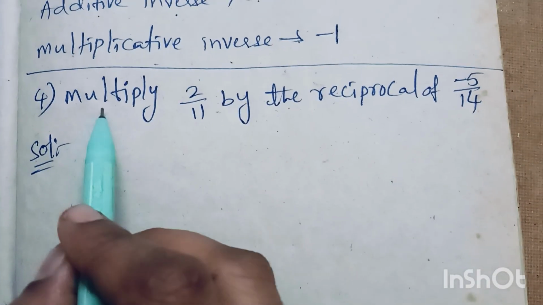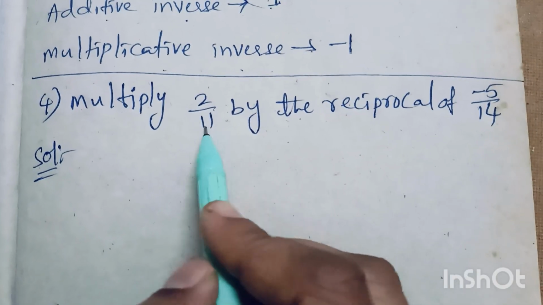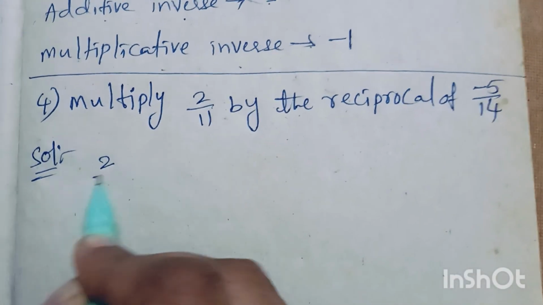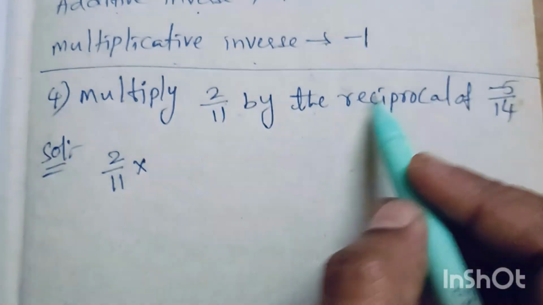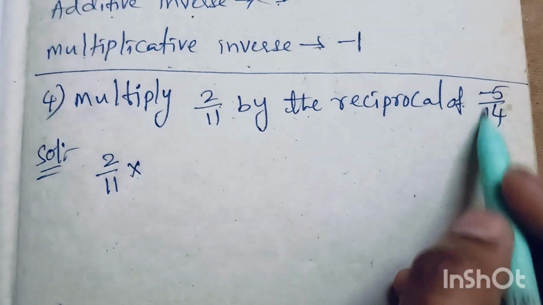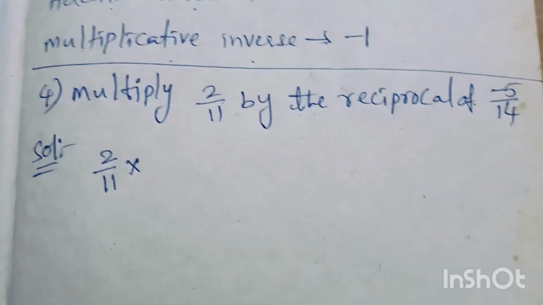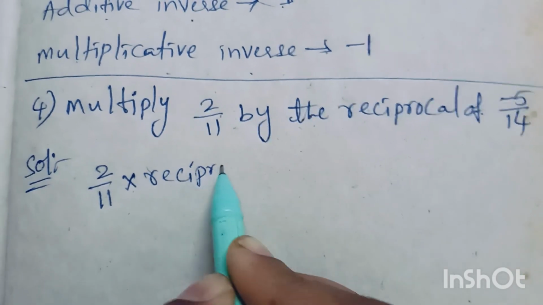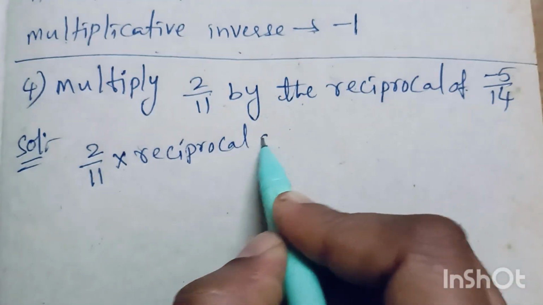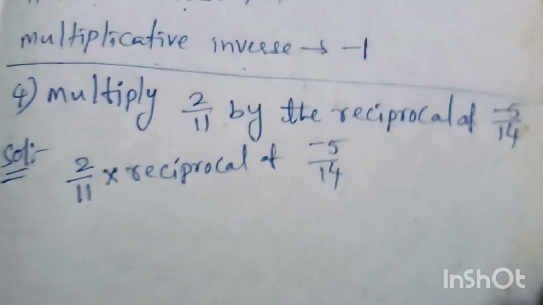So multiply means we have to do multiplication by 2 by 11. 2 by 11 multiplication we have to do, no, into the reciprocal of this fraction. Reciprocal and multiplicative inverse both are the same, so into the reciprocal of minus 5 by 14.